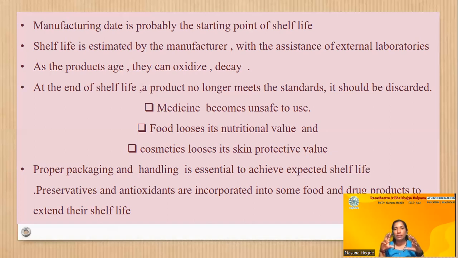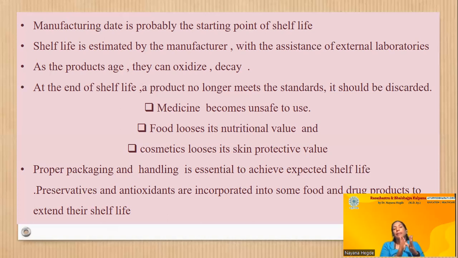So next, the medicine which is already prepared and packed will start, जैसे जैसे ओल्ड होता है ऑक्सीडाइज होने लगता है। As the products age, they will oxidize, or they can oxidize, and that product will decay. At the end of the shelf life, a product will no longer meet the standards which are told for the particular medicine.